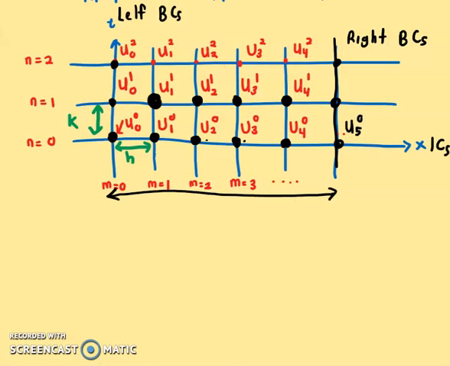So to understand this better, let me show you one example. Let's say we want to solve this equation, ut equals uxx.